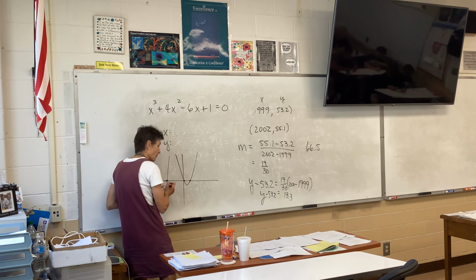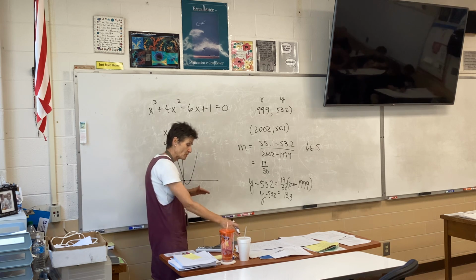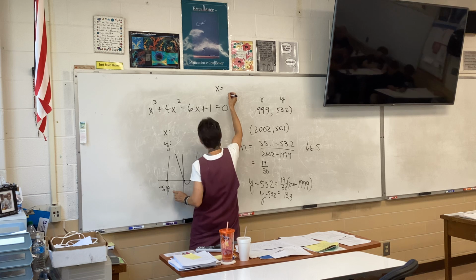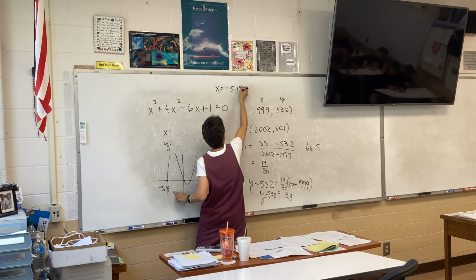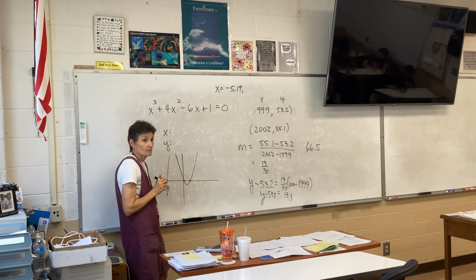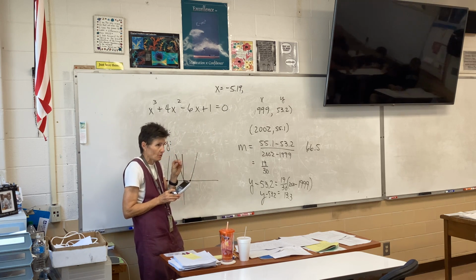Anybody else get that for that one? Okay, so in the answer blank, which I don't have answer blanks on here, but in the answer blank would go negative 5.19. That's my first answer. Now, the other two are very close together.